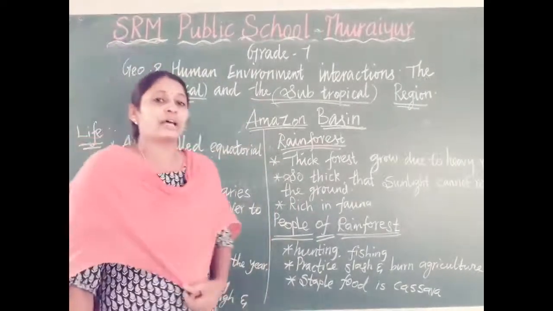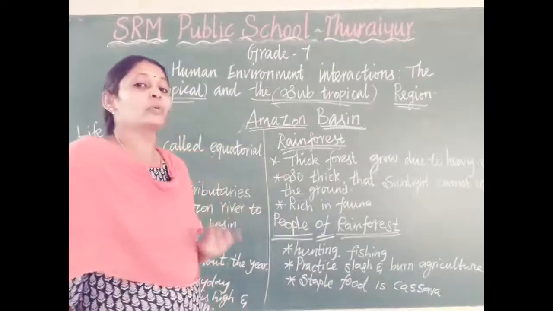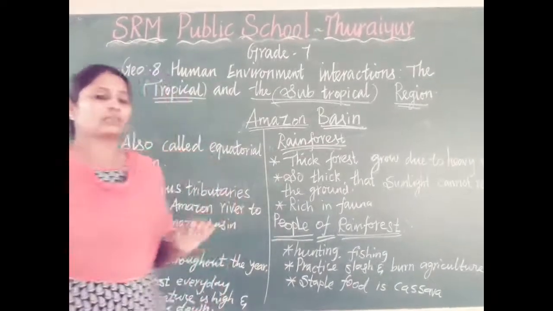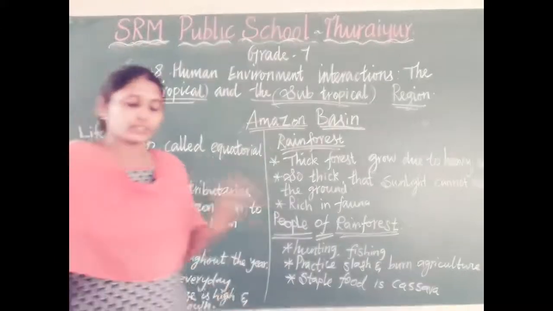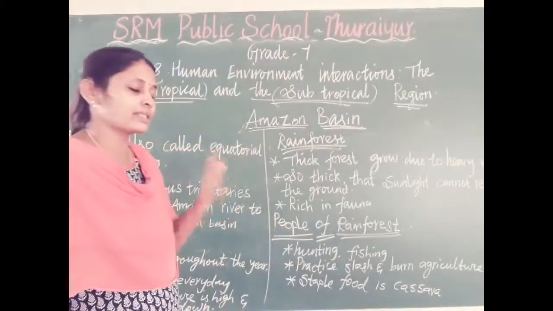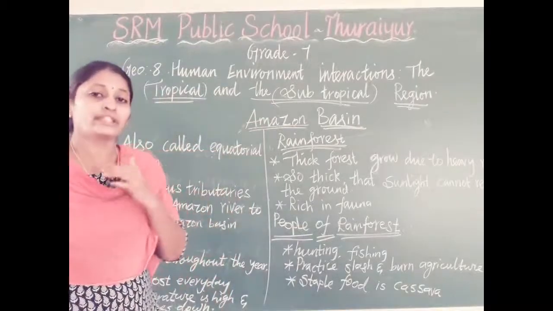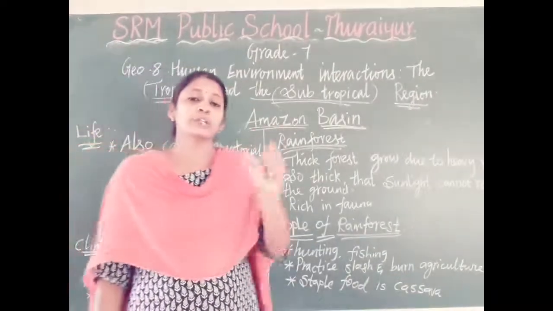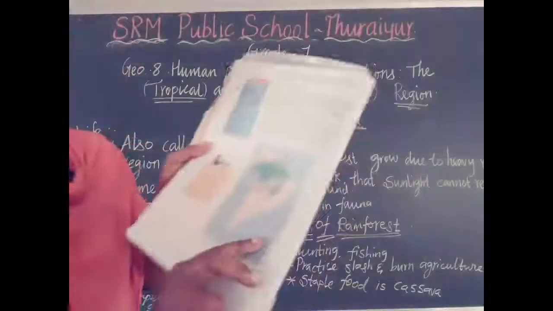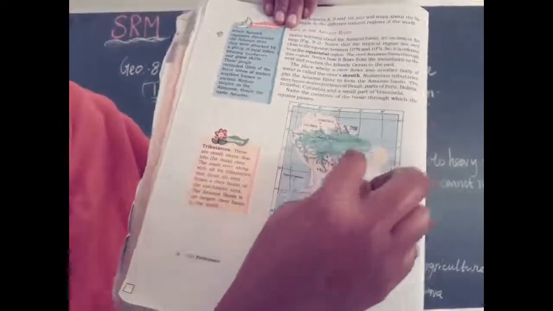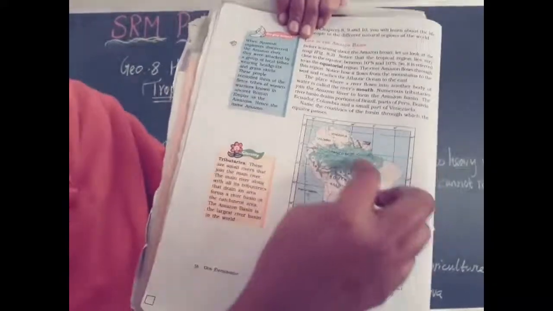It flows more than 1500 kilometers. That is not mentioned in your book; it is for your general information. The Amazon river flows more than 1500 kilometers and many small rivers join it. You can check this picture: many small rivers join the main river.